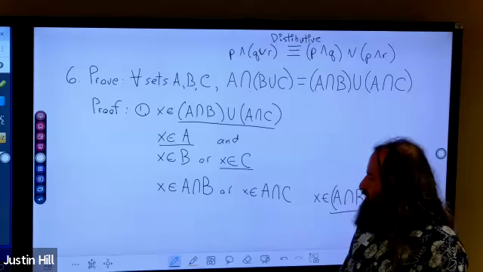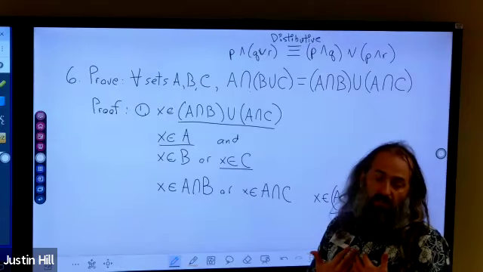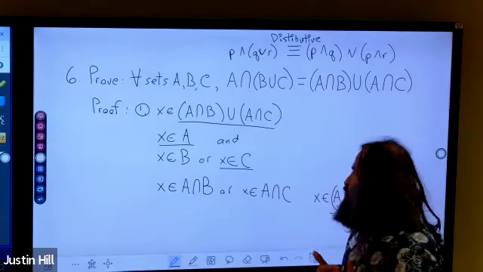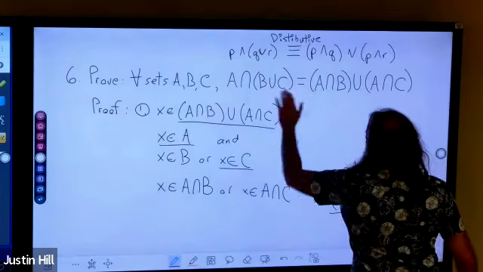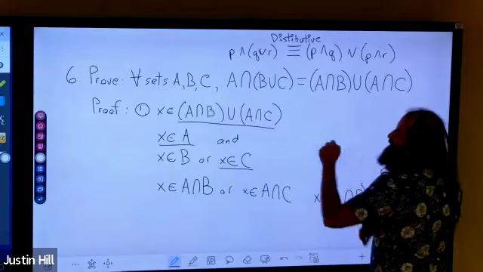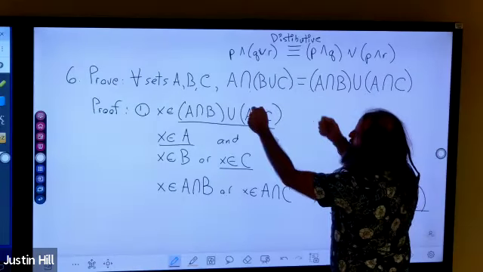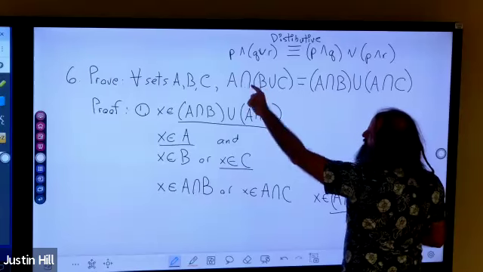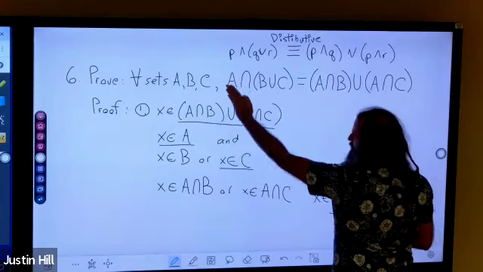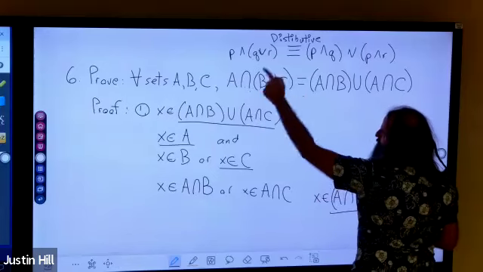So again, the clever thing that she does here, which I think is really clever, she starts with, in this case, the left side. She says X is in here, and then she unpacks this. She says, well, intersection means and, so X is in A and it's in this thing.